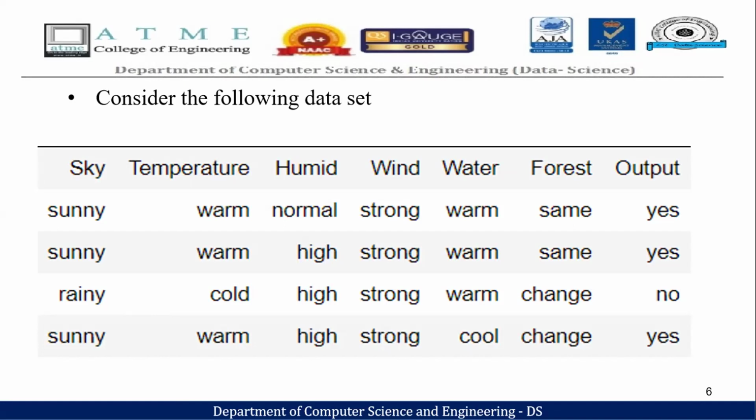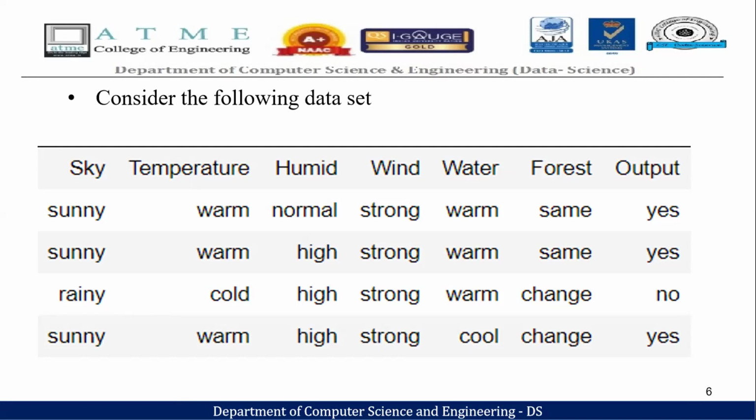This data set is saying that based on the weather condition, a person can decide to go out or not.